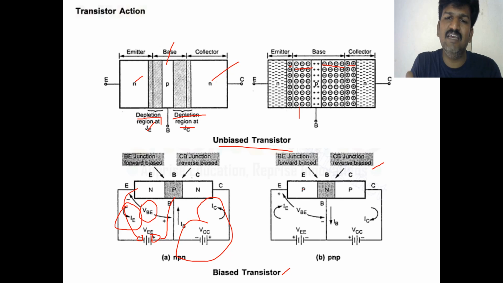So you have to keep the positive polarity with the P, and always remember negative polarity with the N, to make that particular diode conduct. If you do not want that P junction to conduct, you have to interchange the power supply: apply positive to the N and negative to the P. Then the diode will become reverse biased.